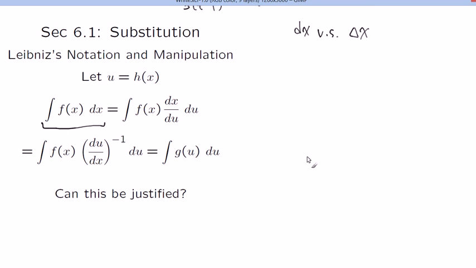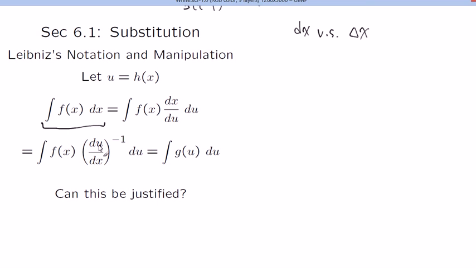That's Leibniz's idea. Then you can see delta x divided by delta u multiplied by delta u is equal to delta x, right? That makes perfect sense. So these two things are kind of justified in terms of delta, not in terms of d, right? Then you look at this dx divided by dy, which is actually delta x divided by delta y.